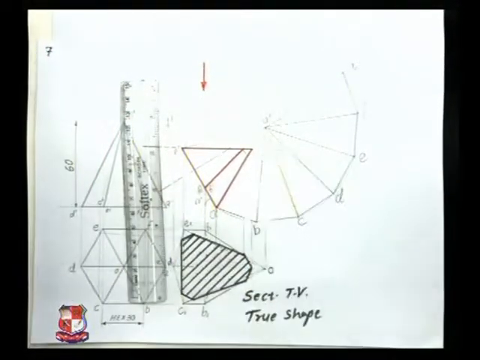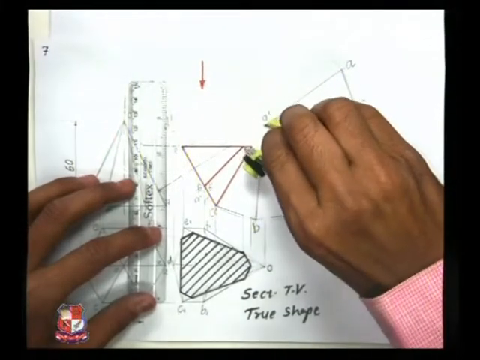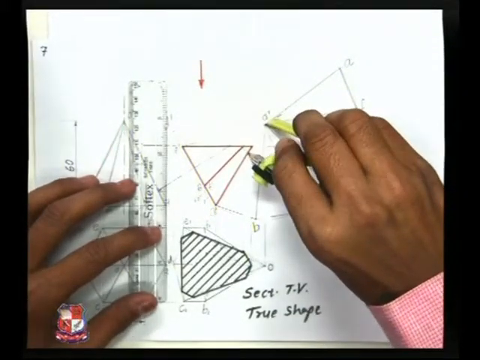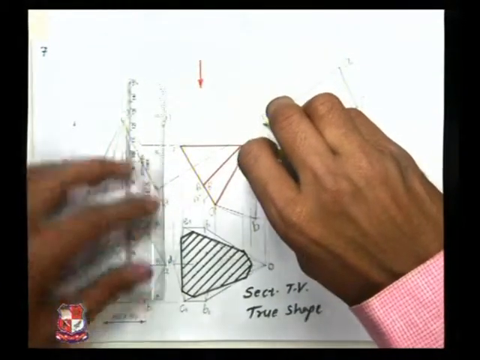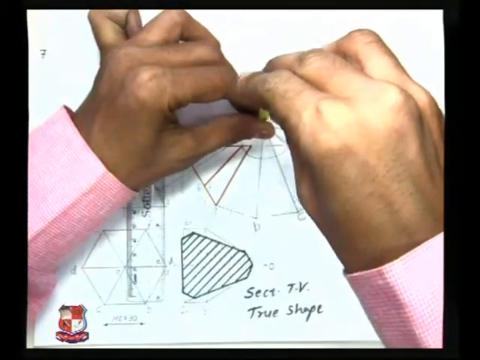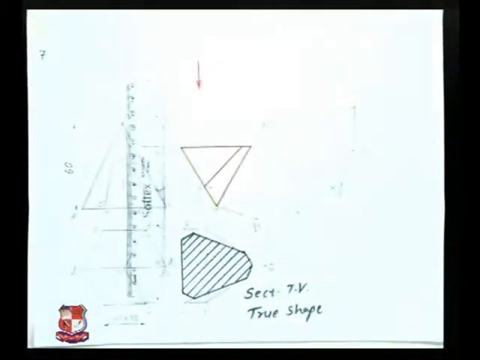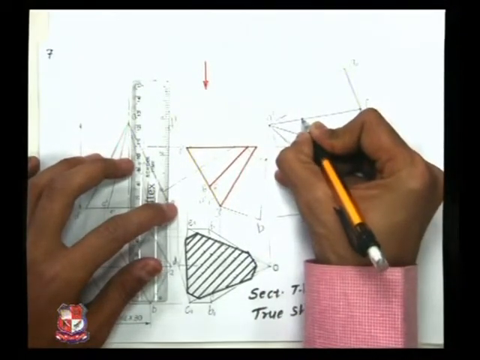Now take O as the center and O to this transferred point as the radius, and draw an arc up to B and F as it is taken from B and F. So one point up to B and another up to F, one somewhere here, the other somewhere here.